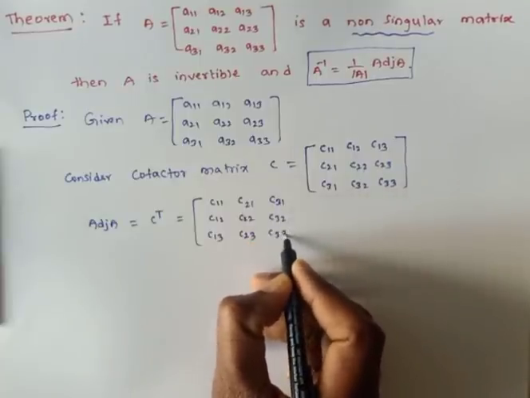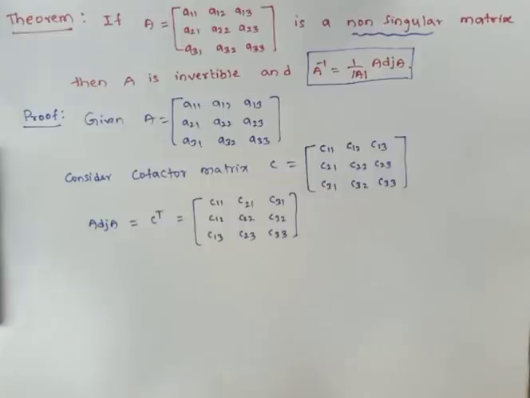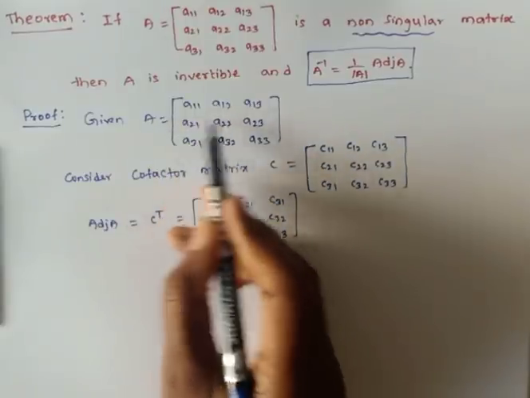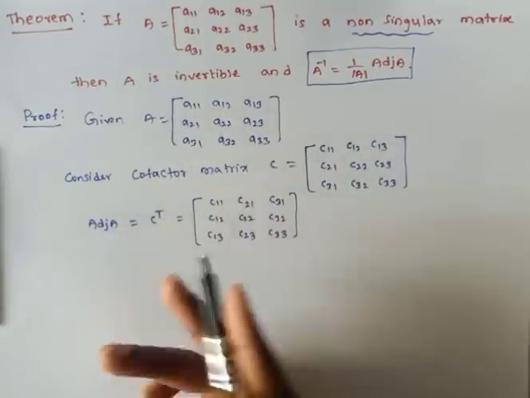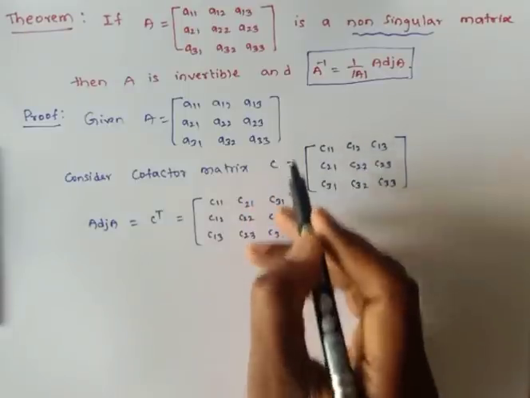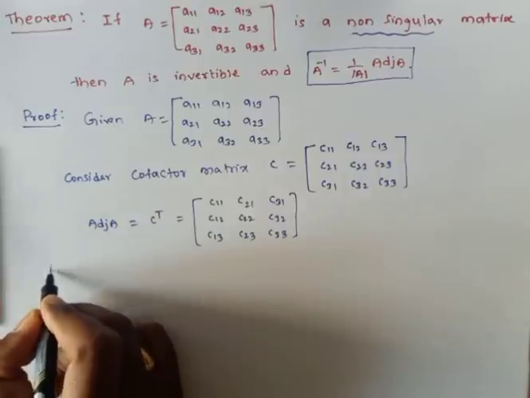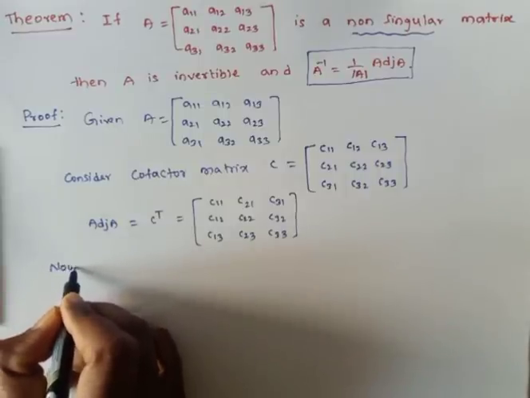So this is our adjoint of the given matrix. Now try to find the product of these two matrices. A is a 3 by 3 matrix and adjoint of A is also a 3 by 3 matrix, therefore the matrix multiplication is conformable.